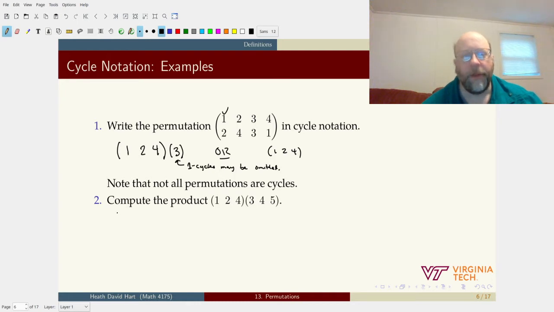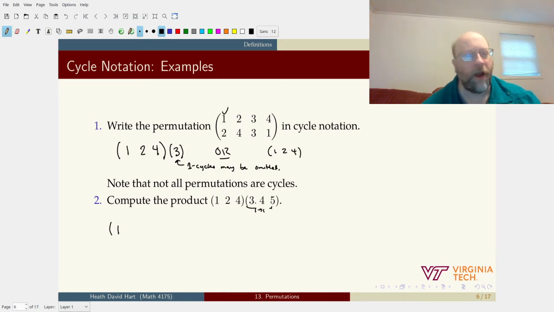Okay. So number 2 says to compute this product. All right. So we're going to start with a 1. This function does nothing to 1. 1 goes to 1 because it only moves 3, 4, and 5 around. So 1 stays at 1 when we do this function.